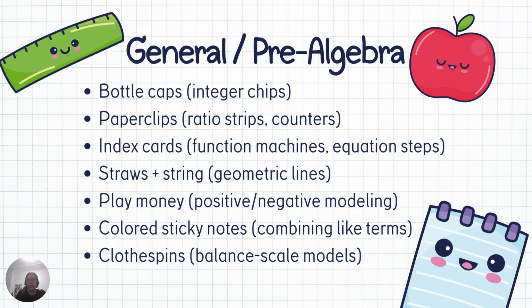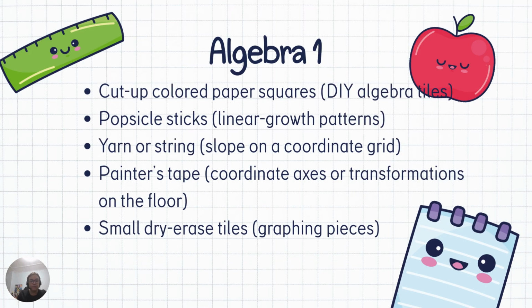Straws and string can represent geometric lines, and play money is perfect for modeling positive and negative values. Color sticky notes help students visually combine like terms, and clothespins can be used to create simple balance scale models. These everyday items make hands-on learning both accessible and affordable.